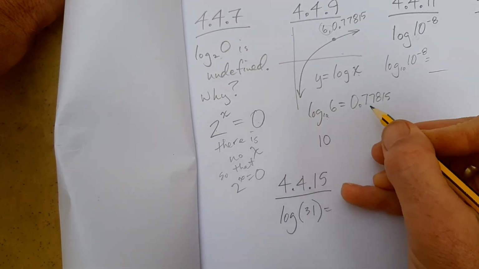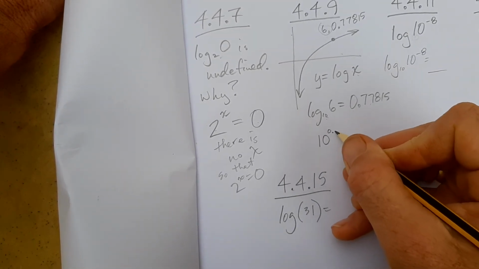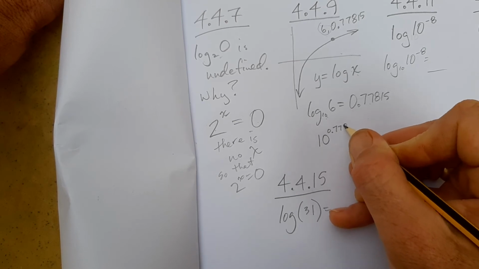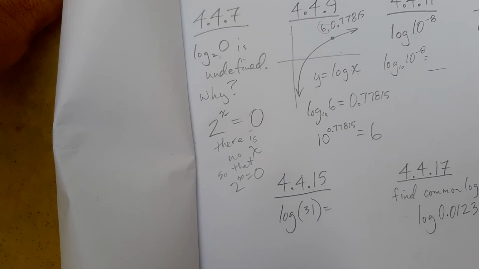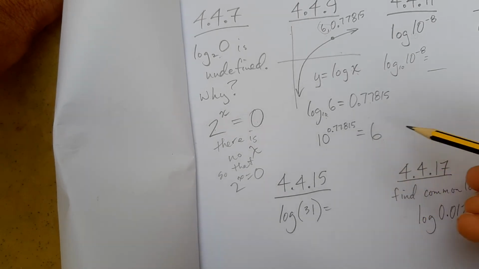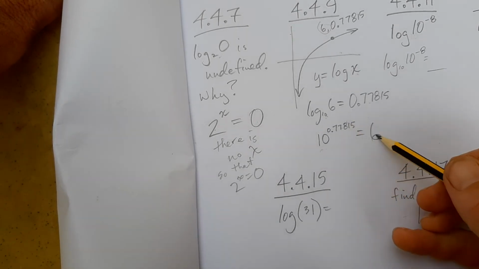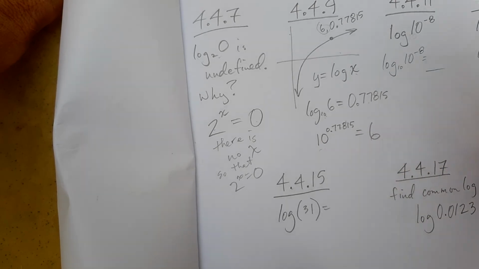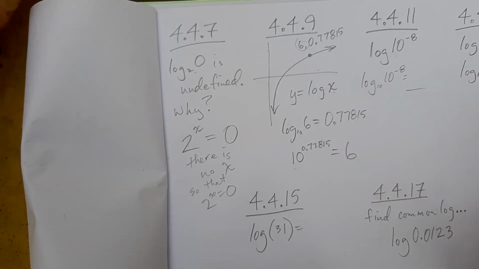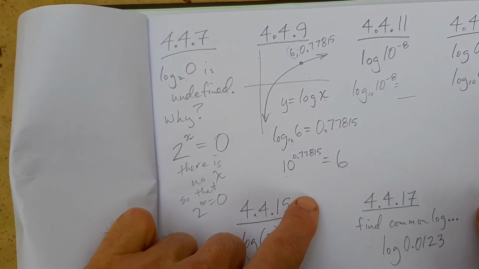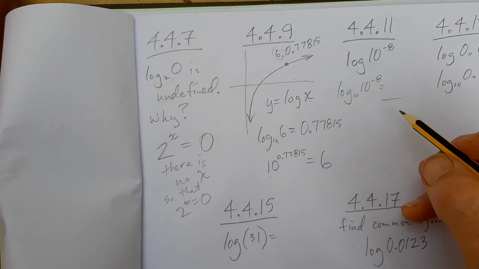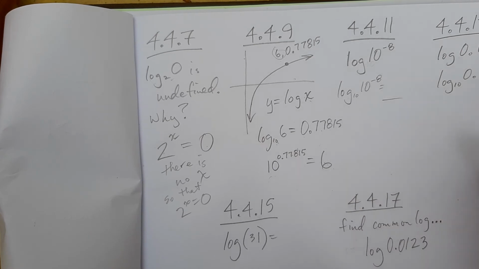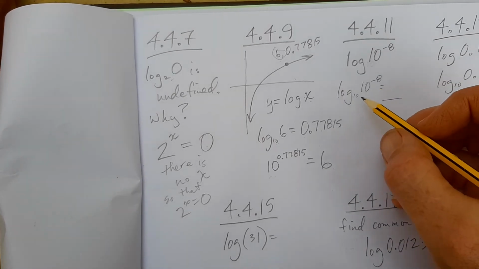Base to this power, try this in your calculator if you want to, so this makes a little more sense to you, equals 6. Okay, if I take 10 to this power, I get 6. If I take 10 to the first power, I get 10. Okay, all right. I'll let you keep playing around with this stuff in your calculator, all right? And we'll use the calculator in just a second. I'll show you where the buttons are if you don't know.